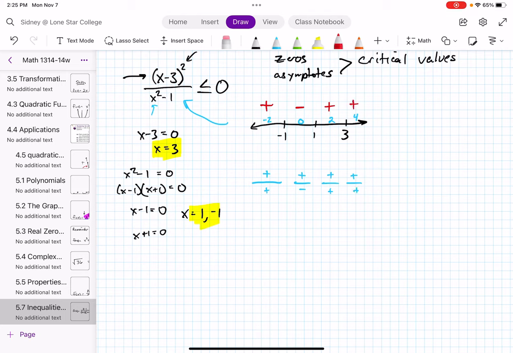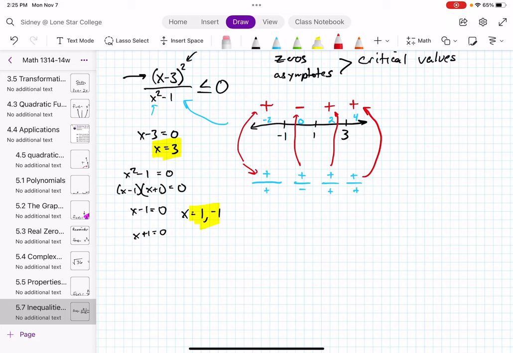So when I look at these partitions and the values in there, I got a positive over a positive, which leads me to a positive value for that region. I have a positive over a negative, which leads me to a negative value for that region. Positive over positive leads me to a positive, and positive over positive leads me to a positive.